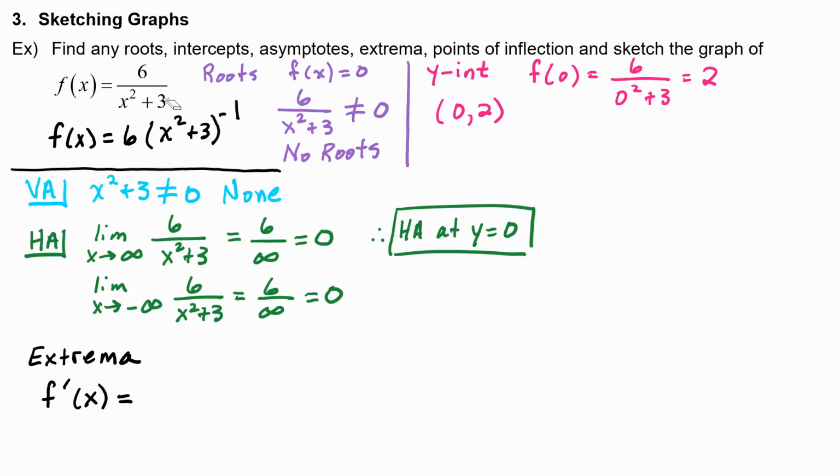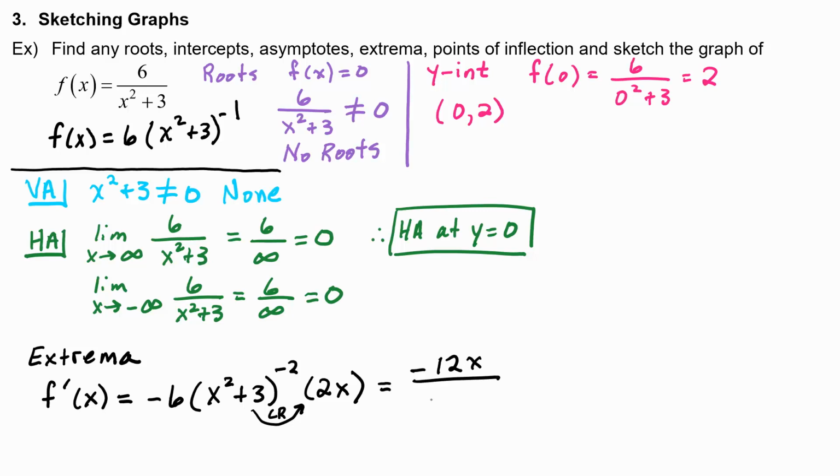Take this exponent, multiply it times 6, so we've got negative 1 times 6 is negative 6. That would be x squared plus 3 to the negative 2. And then, of course, the chain rule tells us that we are going to multiply by 2x. So this becomes negative 12x over x squared plus 3 squared.